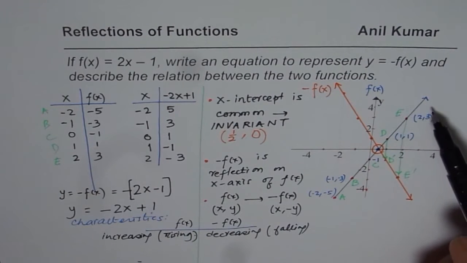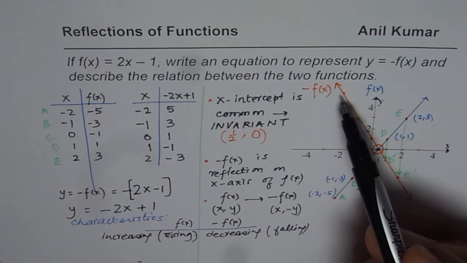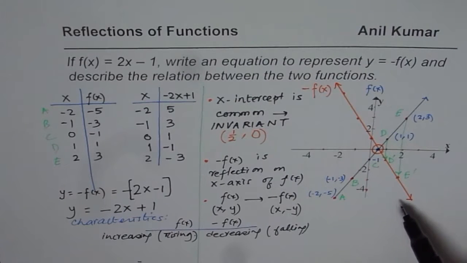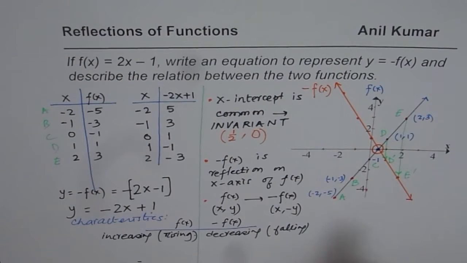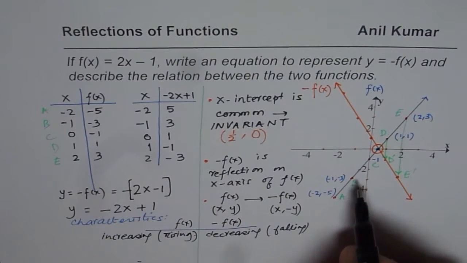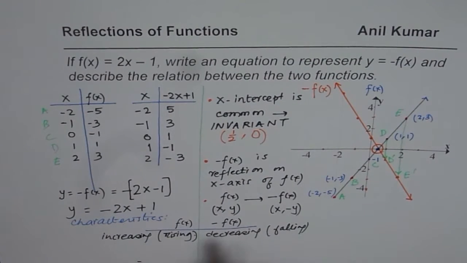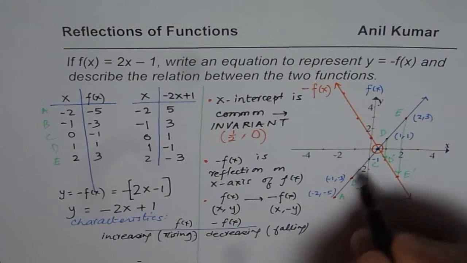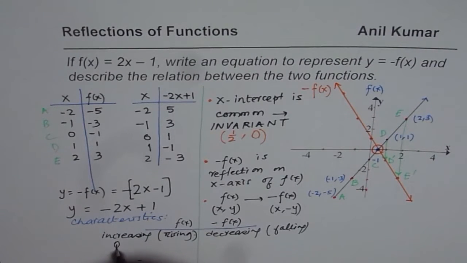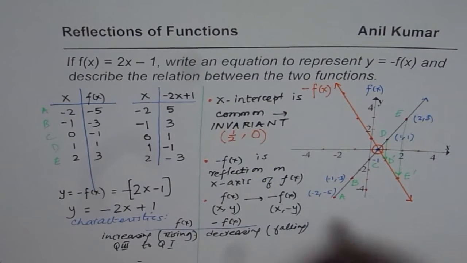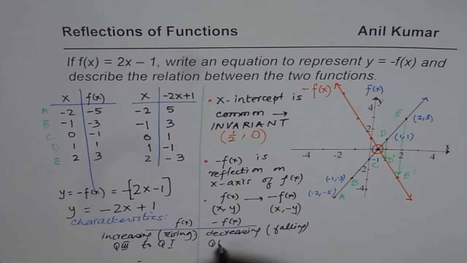But in general, it's better to use increasing and decreasing intervals, right? So f of x increases all throughout, and minus of f of x decreases all throughout, and that changes the end behavior. Do you see that? So end behavior reverses in this case. In the first case it is from quadrant 3 to quadrant 1, and in the second case it is from quadrant 2 to quadrant 4, right?